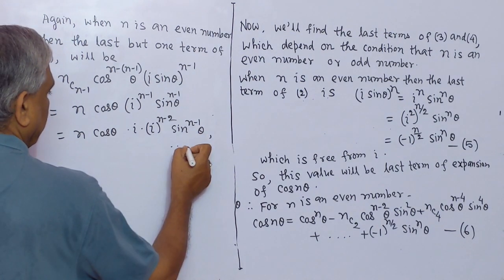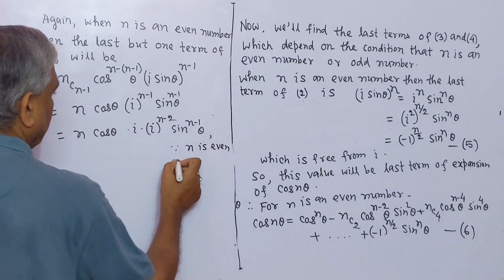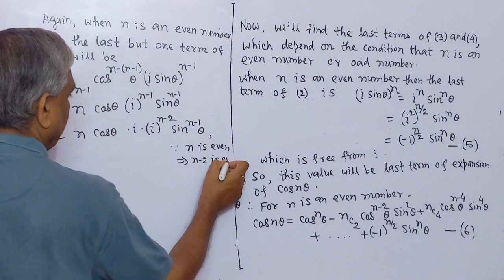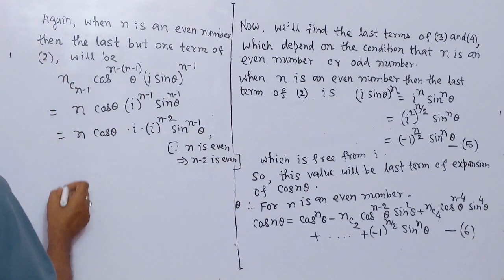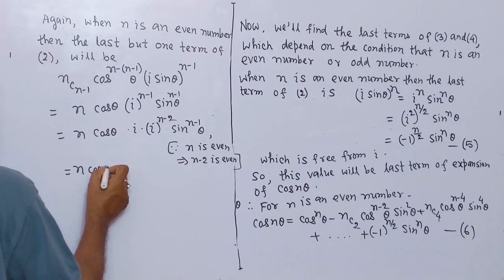Since n is even, implies that n minus 2 is even, and this will be equal to n cos theta.